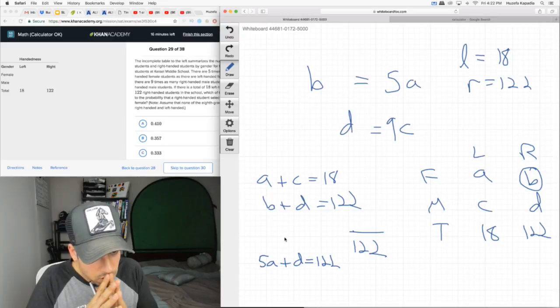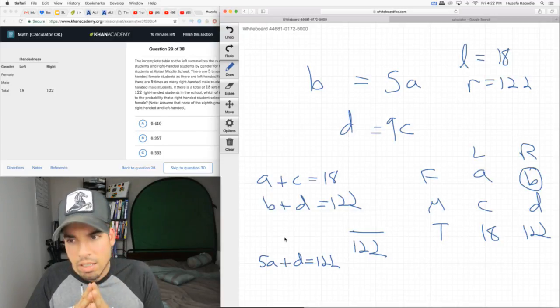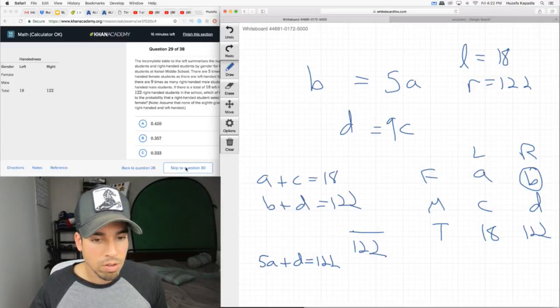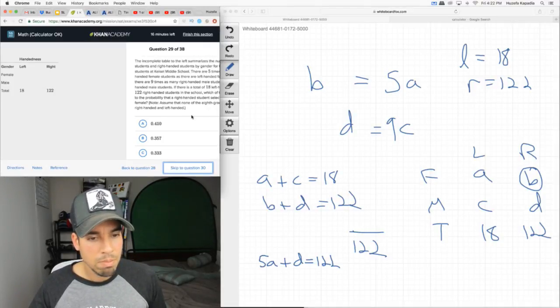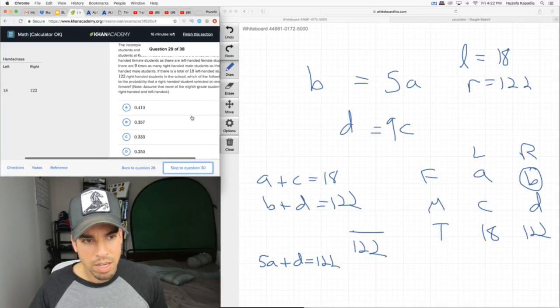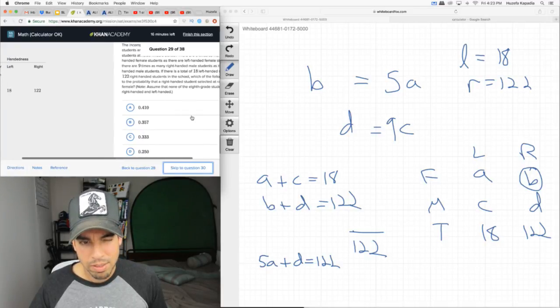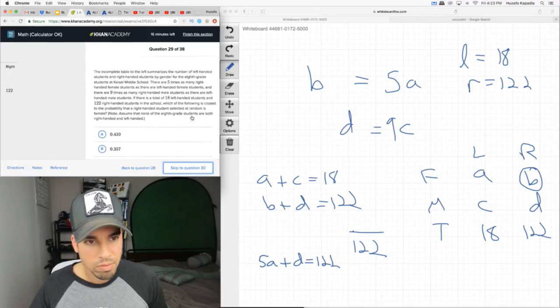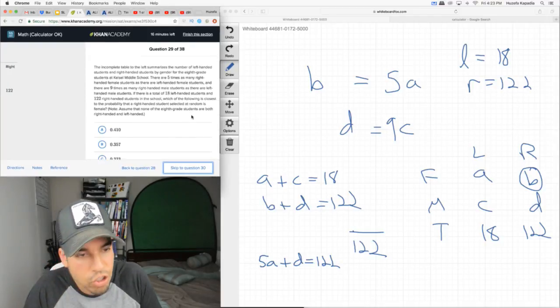Shoot, I don't know how to do this. I'm kind of confused. I should follow my own advice and go to the next one, so I'm going to skip it. 29, I'll come back to it. Maybe I'll choose something random. If it's going to be something out of 122, I'm missing the relationship. That's the problem.